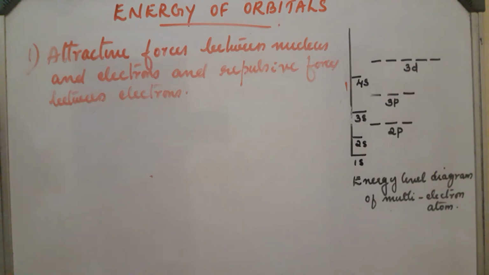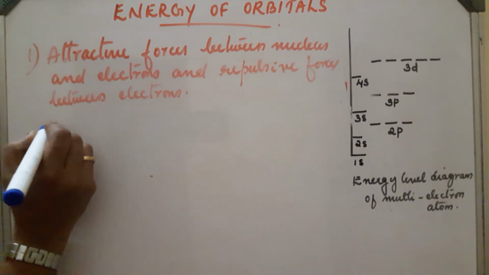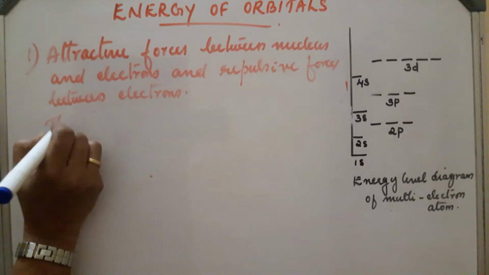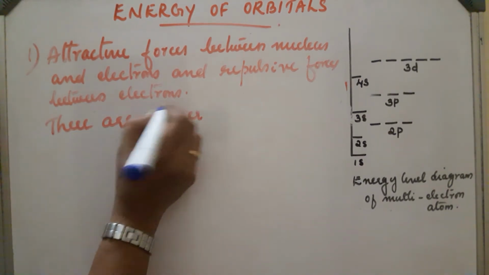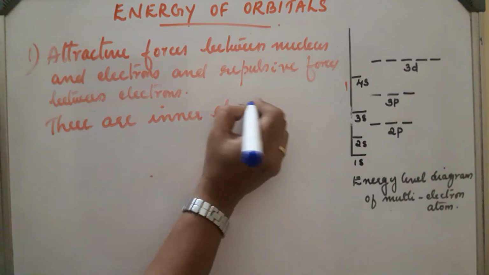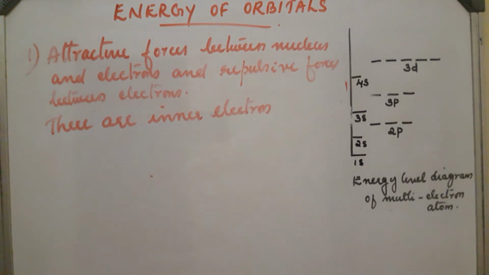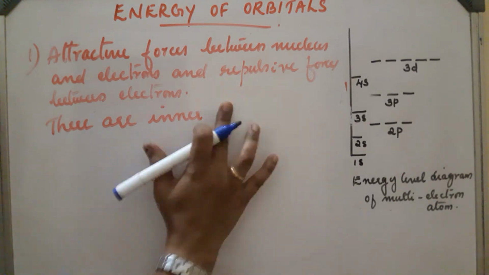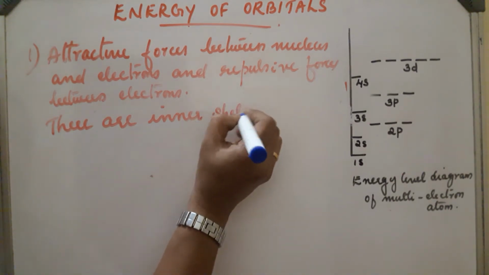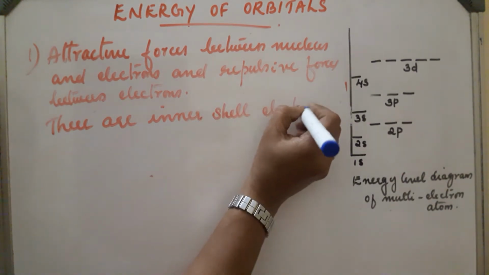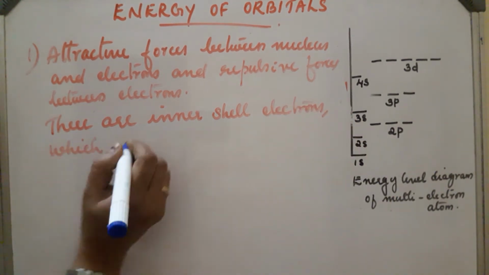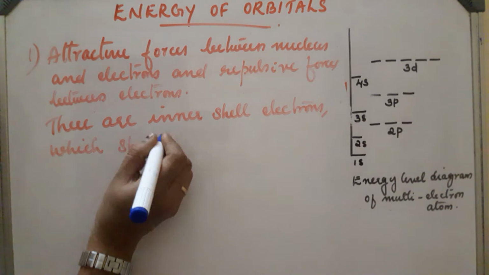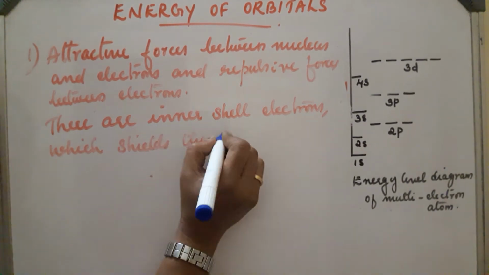Now in multi-electron atoms, inner electrons are present. Electrons in the inner shells shield the outermost electrons from the nucleus.